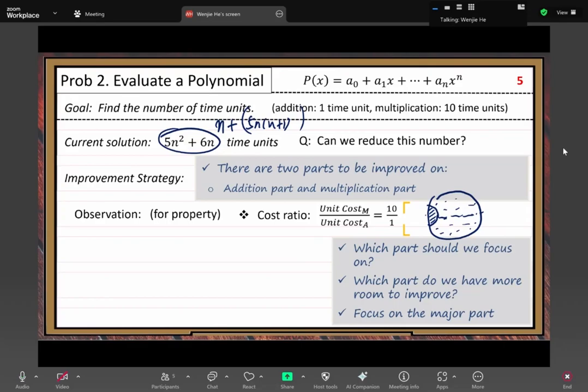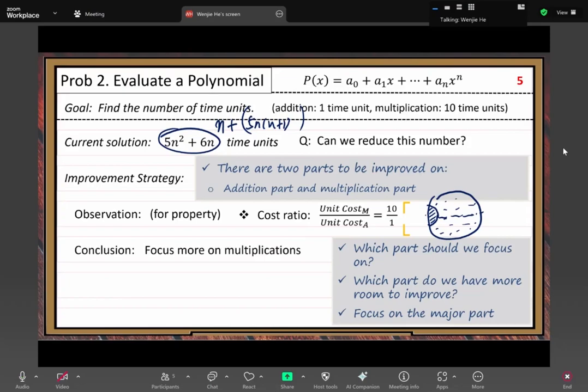Put your limited resources on the major part. The multiplication part is the major part. In Amdahl's law it's called the most common task. Put your resources on the most common task.